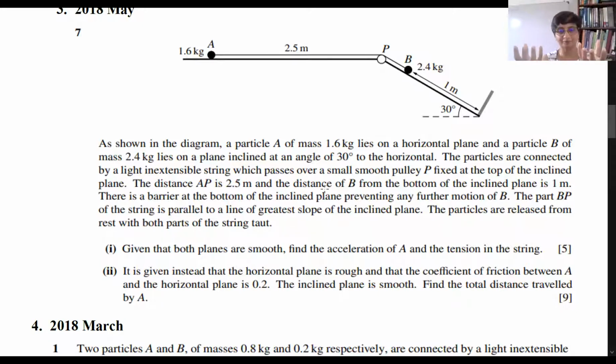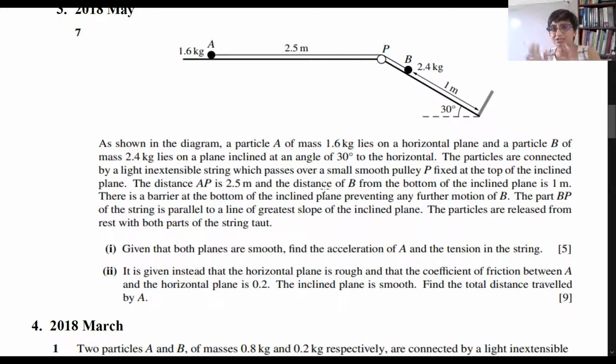They are not hanging. So B will go and hit the barrier. The moment B hits the barrier, we'll assume that it stops. But A will still keep moving, and the string will become slack and tension will disappear the moment B hits the barrier.